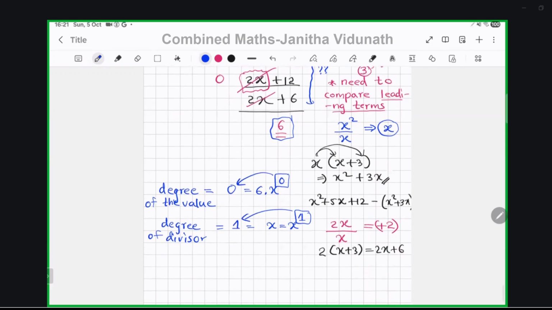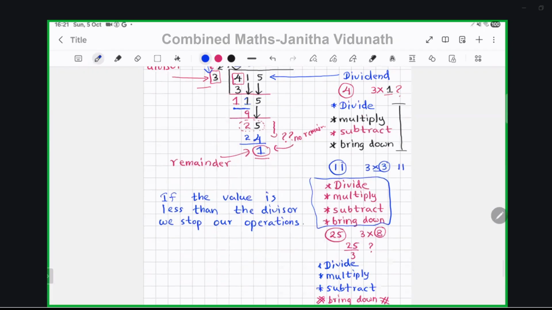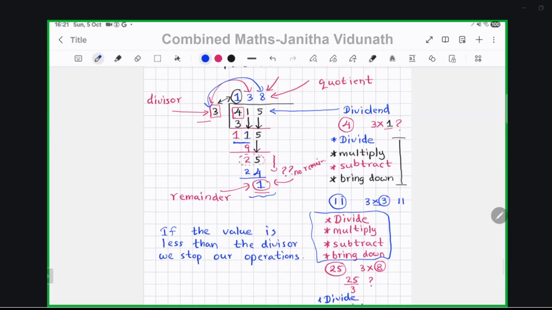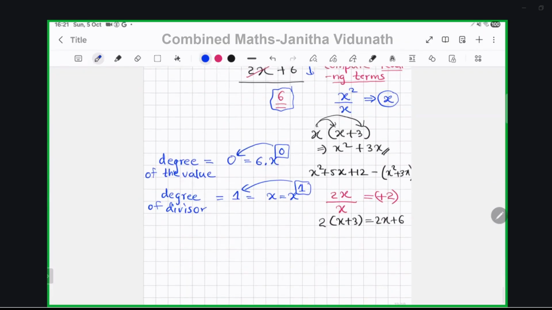Now, in our numerical example, we stop our division when we cannot divide that number by the divisor. Here, 1 is less than the divisor. If the value is less than the divisor, we stop our operation. Likewise, in polynomial division, we compare the degrees.